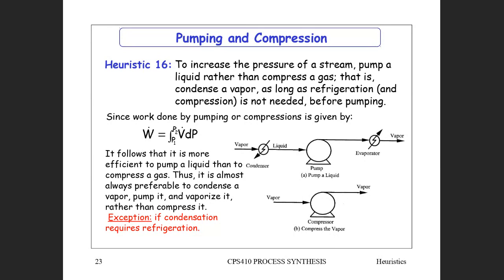And preferably it would be a liquid, as in the example I gave you in the test, where the reactants going in are liquids anyway. You will rather pump those liquids, and then you can reduce the pressure as you go through your distillation train. Okay, and that's pretty much it.